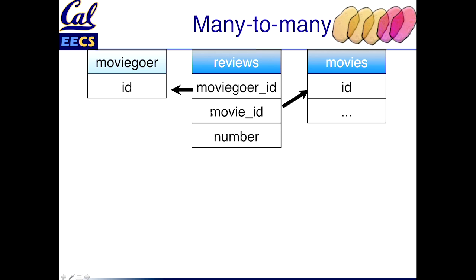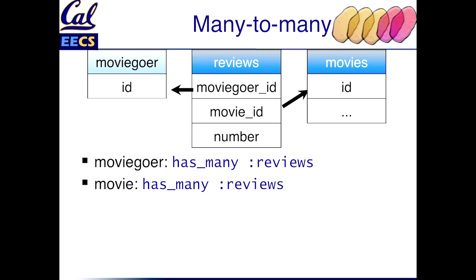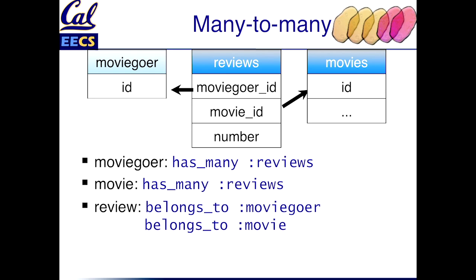So now a review has a relationship to both of these things. And now we could say moviegoer has many reviews, a movie also has many reviews, and a review belongs to each of the two sides, right? Which intuitively this makes sense. You can, for a given review, two equally logical questions are what movie does it go with and who wrote it, right? Or what moviegoer does it belong to?